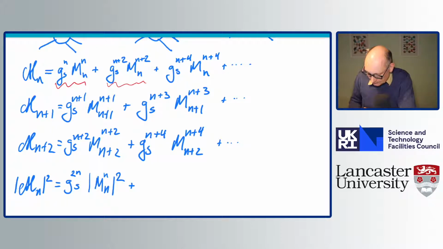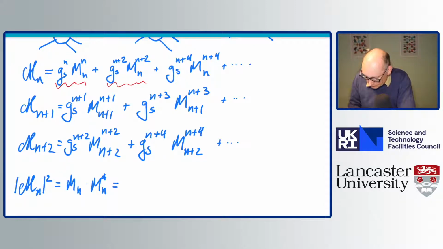Let's delete all of this and write it better. M_n squared is M_n times M_n complex conjugated. It's a number, so we can just conjugate it.